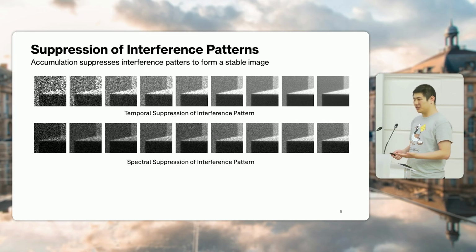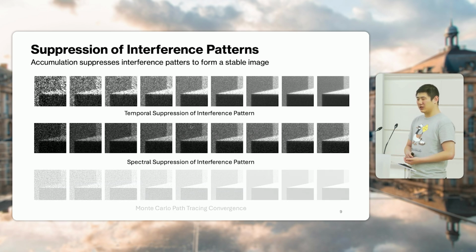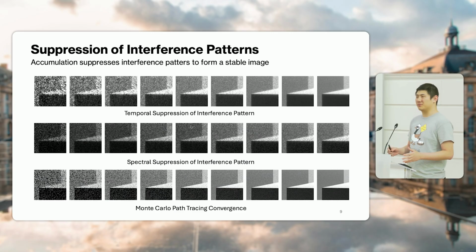And in the middle row is the spectrum. Basically, we not only alter the initial phase, we are also averaging along different sampled wavelengths. And as the reference, in the bottom row, we list the regular Monte Carlo path tracing convergence.